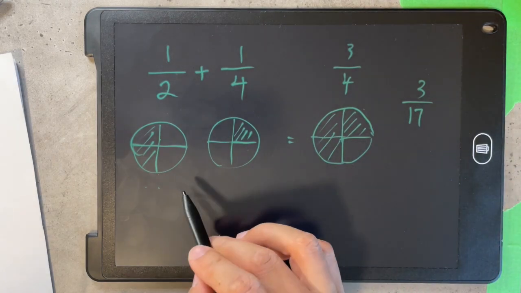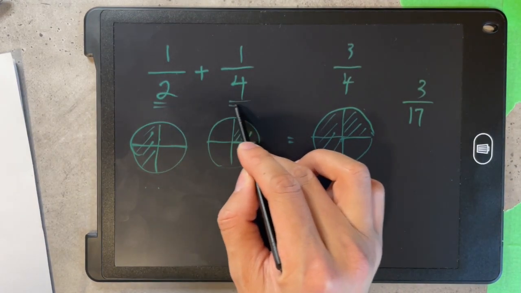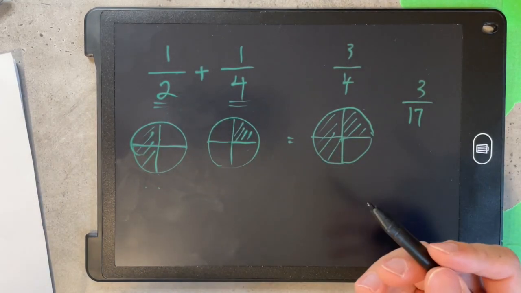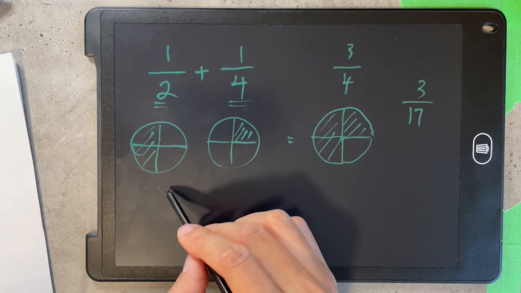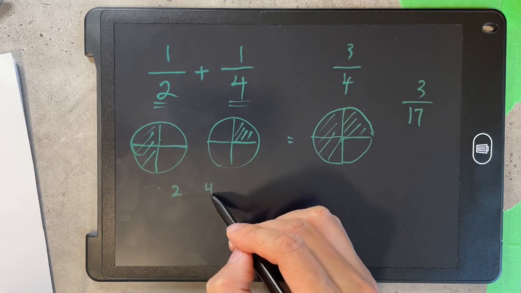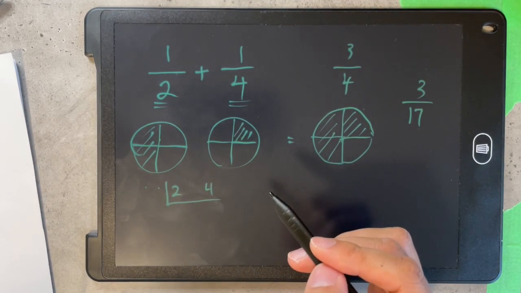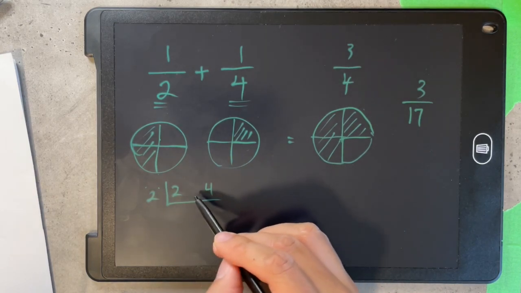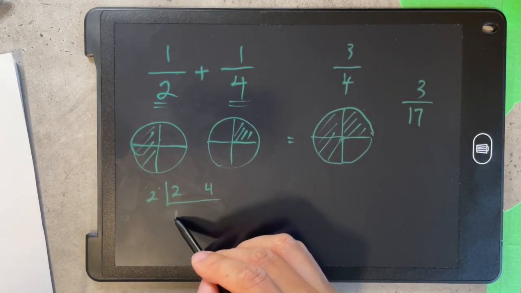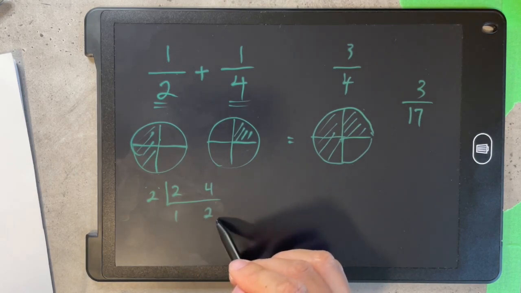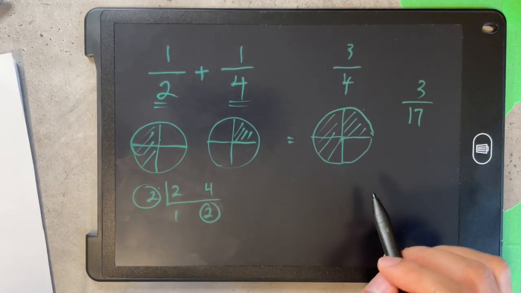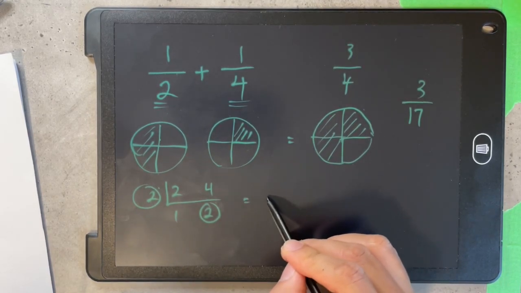So the quickest way is to convert and change the denominator, or the bottom number, into the lowest common multiple. As we have done already, we find a common multiple by dividing by a common factor until you cannot do that anymore, and then you multiply everything that's non-zero or non-1, and that will be 4.